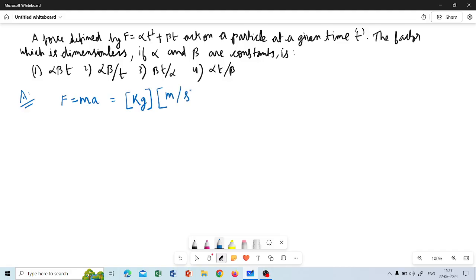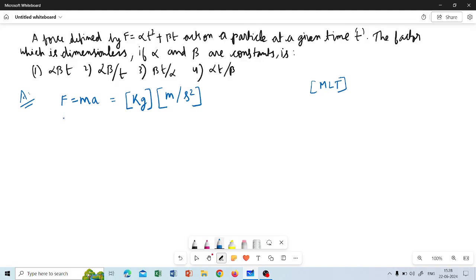I don't want to use that MLT notation, mass length time notation. I will continue to use this kind of notation here, like kg meter per second square. So simple, I don't want to complicate it. This is how I'm going to proceed.